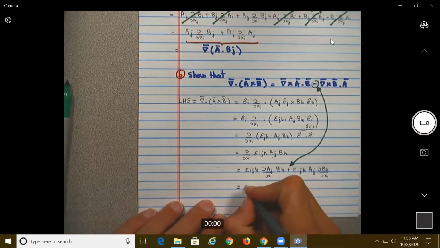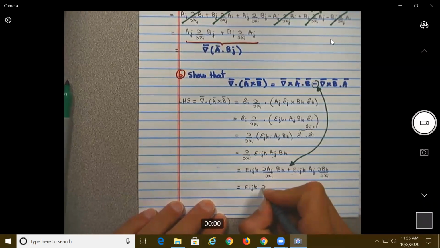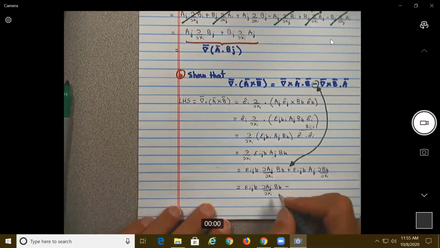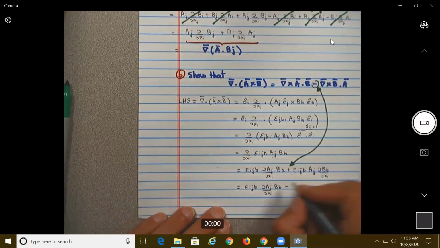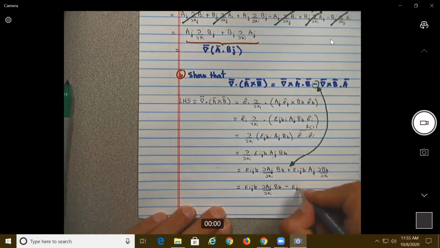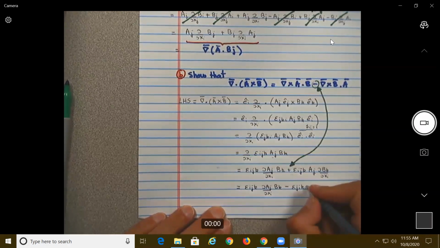So I end up here putting epsilon_ijk partial a_j partial x_i b_k minus epsilon_jik, I change the order, so it becomes negative, a_j partial b_k partial x_i.